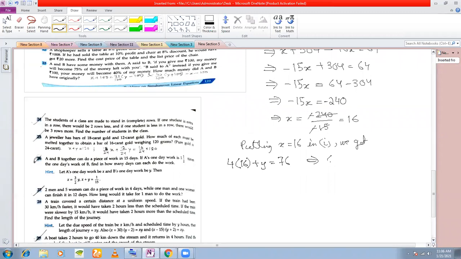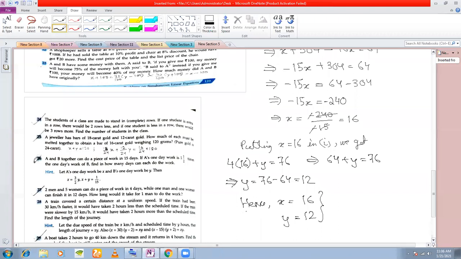That means 64 plus y is equal to 76, so y is 76 minus 64, which is 12. So the man initially had 16 twenty-rupee notes and 12 five-rupee notes. Hence, x is equal to 16 and y is equal to 12. That is your first problem.